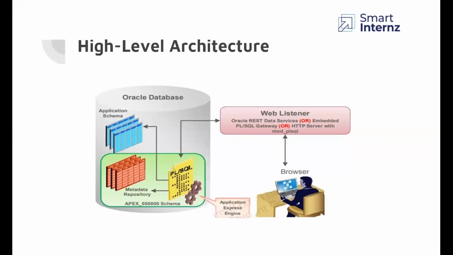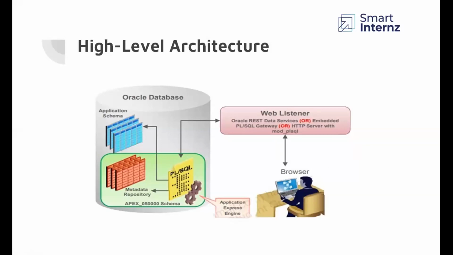As you can see here, the user is sitting here and giving the input from the browser. Whenever the user makes a request from the browser, it first goes to the web listener. What is a web listener actually?